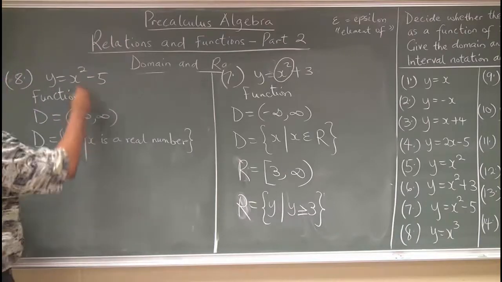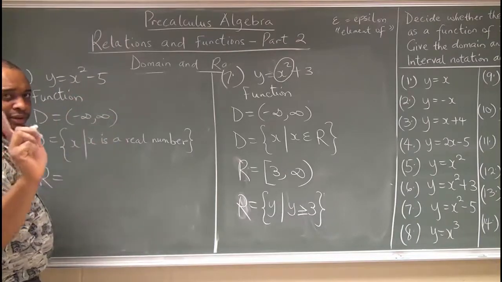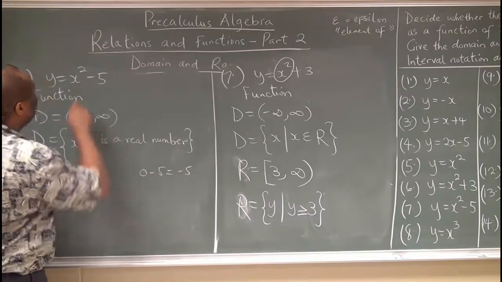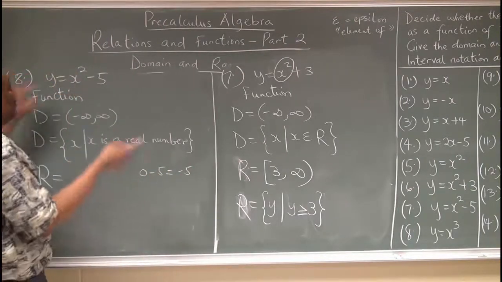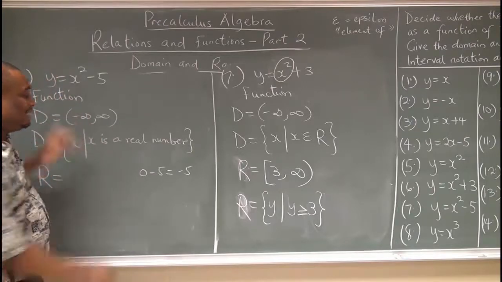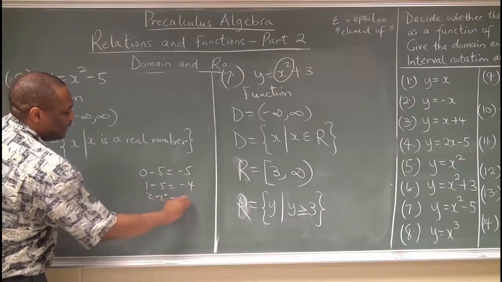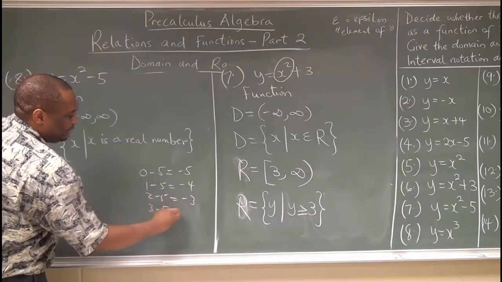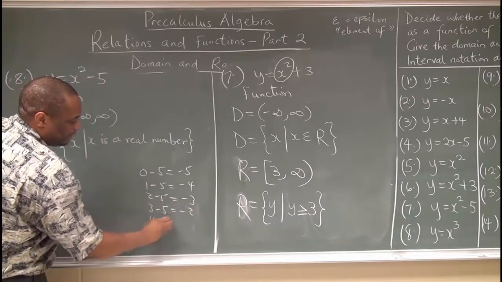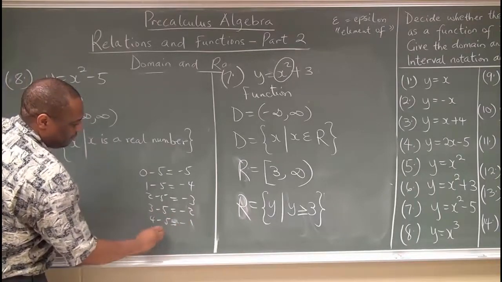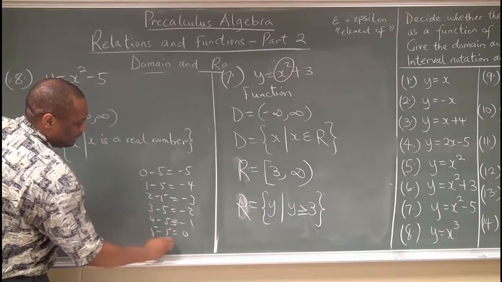upwards, because look at the way you can do it. 0 is the minimum, 0 minus 5 is minus 5. Then the next one will be, any one will be positive numbers. So let's say 1. 1 minus 5 is minus 4. 2 minus 5 is minus 3. 3 minus 5 is minus 2. 4 minus 5 is minus 1. 5 minus 5 is 0. 6 minus 5 is 1.